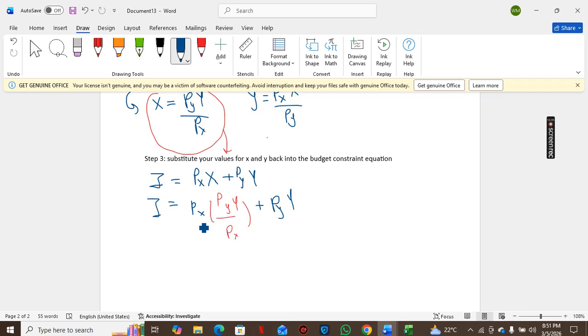So this PX and this PX cancel each other out. We remain with PY, the price of good y, multiplied by the quantity of good y, plus PY y here again.